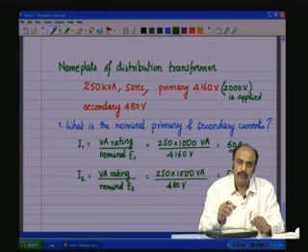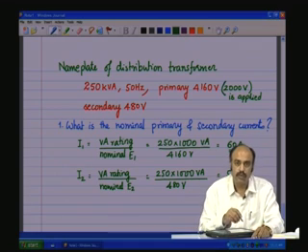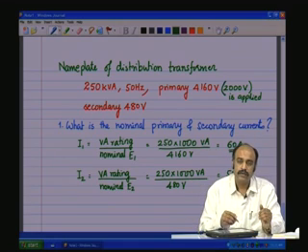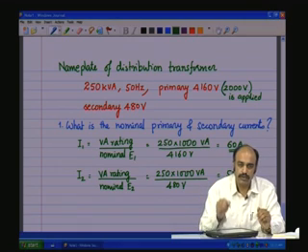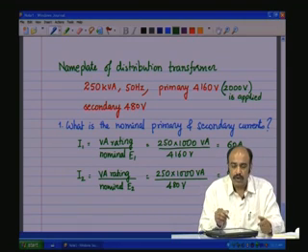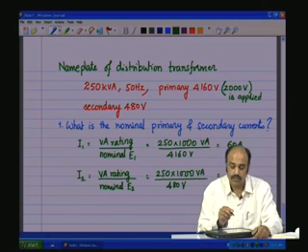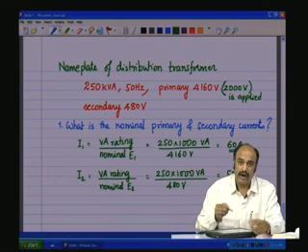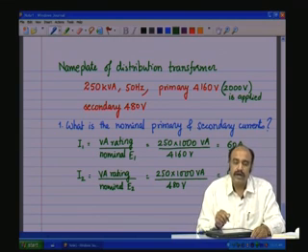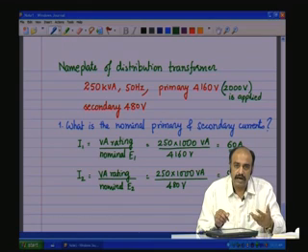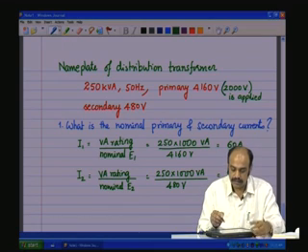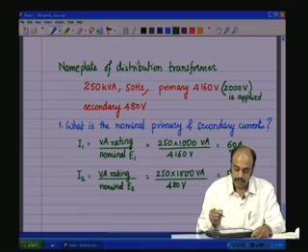However, if I have reduced the voltage, to have the same VA the current has to be increased proportionally, which means the I square losses would increase by the square, and the windings may not be rated to handle the increased current.